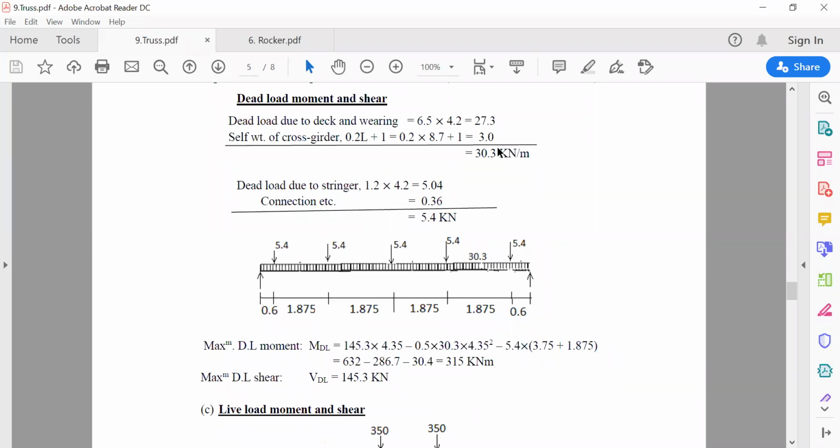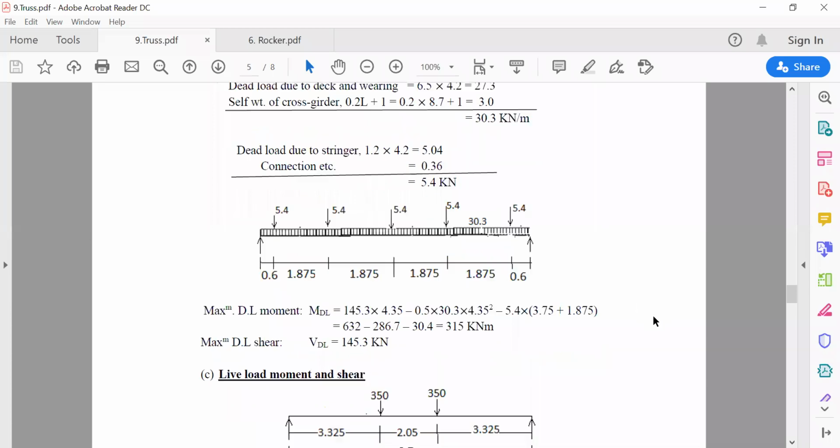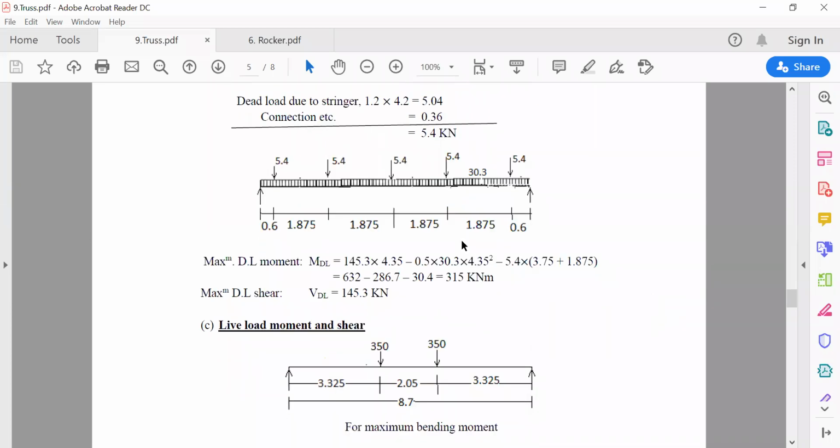Then this is the UDL, along the whole length. And from this, you have to calculate the maximum dead load moment and dead load shear. This formula is like a strength of materials problem, finding the bending moment and finding the shear force. So you can do it yourself.